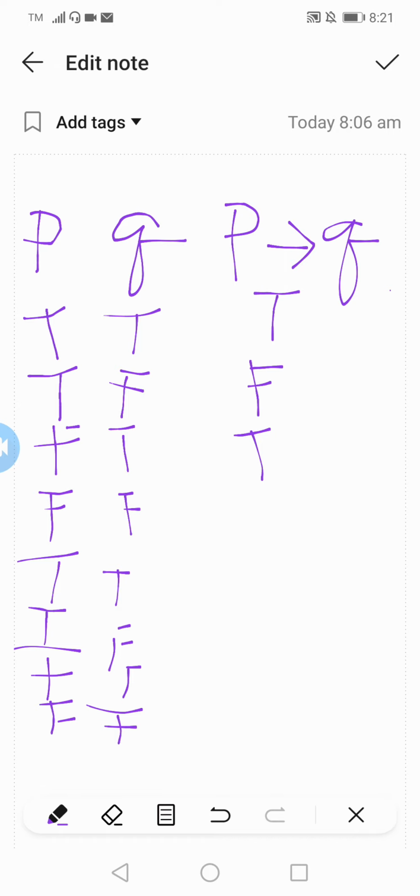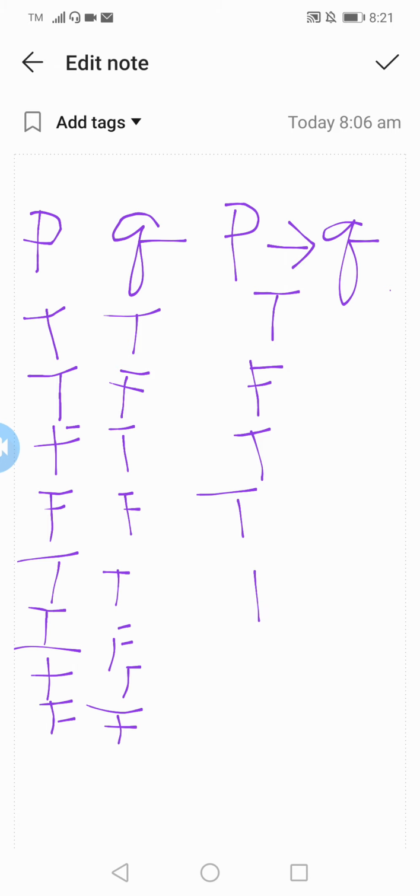Okay? Since they are both false, what does it mean? If the hypothesis is false and you came up with a false conclusion, that will be considered a true value of the implication.